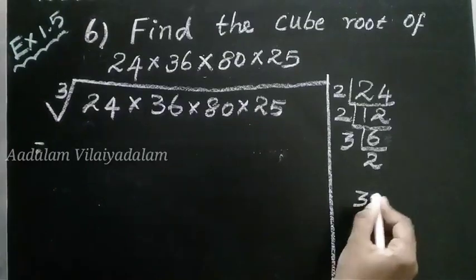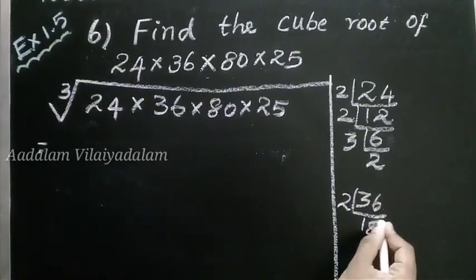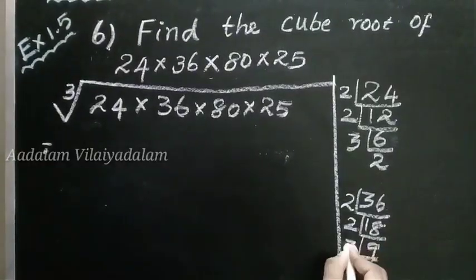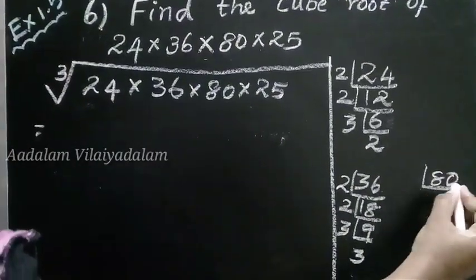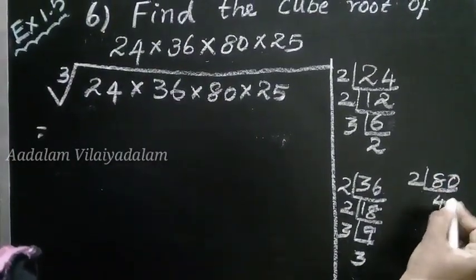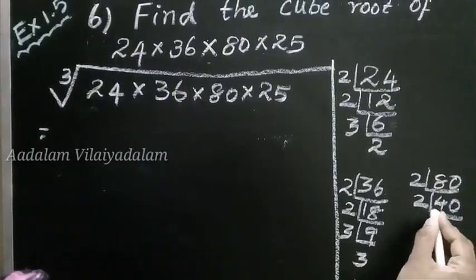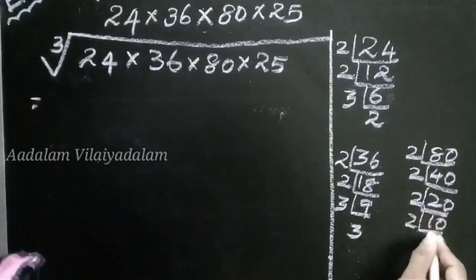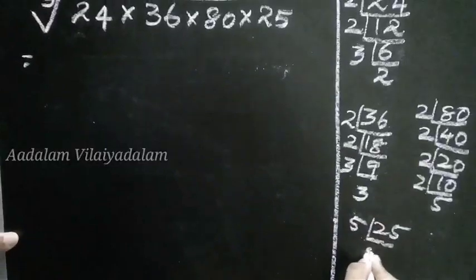Then 36: 2 table 18 times, 2 table 9 times, 3 3s are 9. So 80: 2 4s are 8, again 2 table 20 times, 10 times here, 2 table 5 times. So 25, 5 5s are 25.